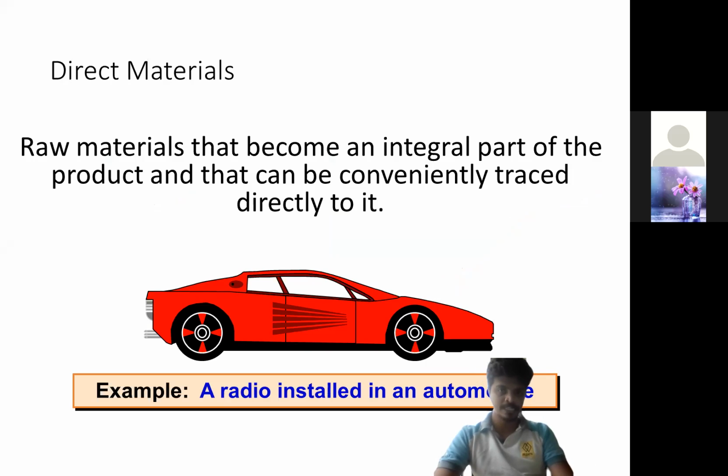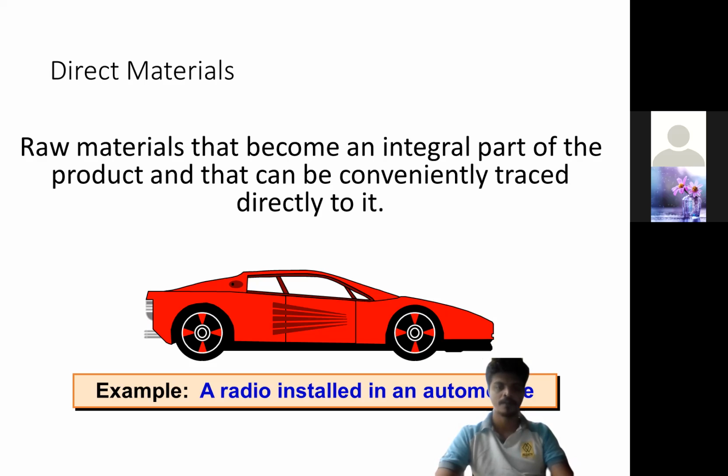Raw materials become an integral part of the product and can be conveniently traced directly to it. As an example, we can say a radio installed in an automobile car. For one car it is one, for two cars it is two. We can identify directly how much cost needs to be incurred.